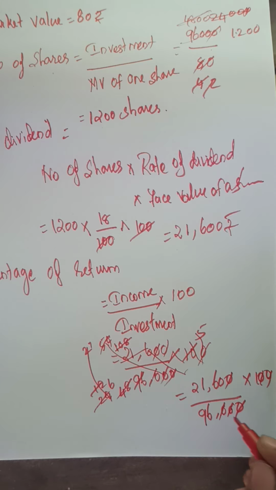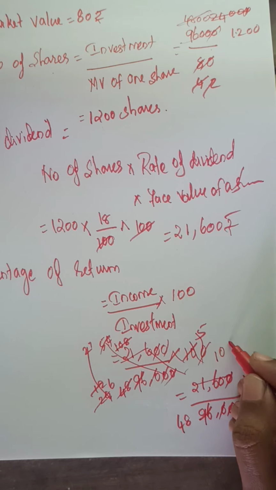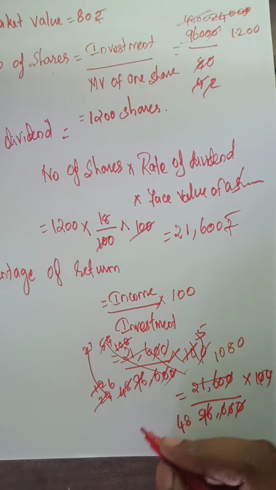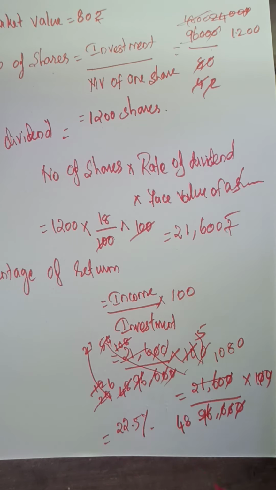So what did you get? 48, here 1080. If you simplify, you will get the answer as 22.5%. Simplify and see, you will get 22.5%. Understand, students?